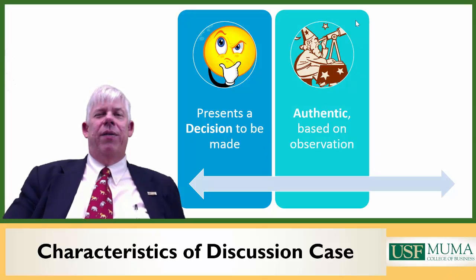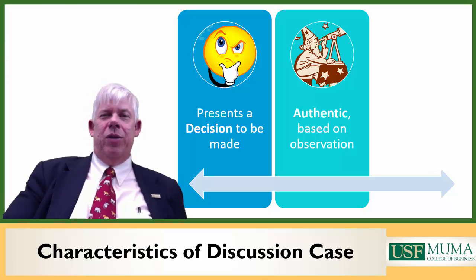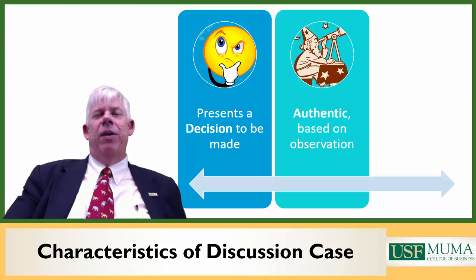The second characteristic of the cases that I'm talking about is that they are authentic and based upon observation. Now, this is very much in line with my views of complexity, because in a complex environment, there may be rules, but they tend to be very localized to the situation.